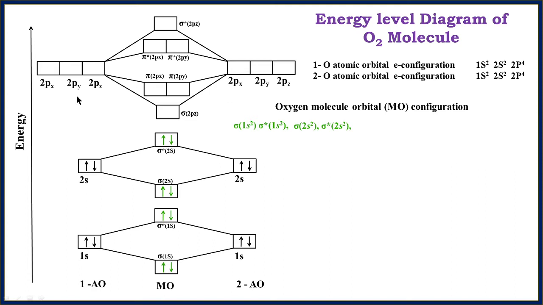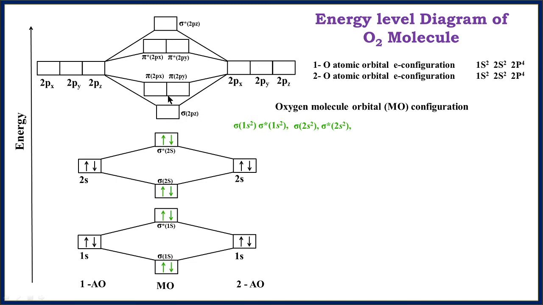This is for the first oxygen atom. Next, the second oxygen atom also has p orbitals, with three suborbitals px, py, pz. Now these 3 plus 3, 6 atomic orbitals overlap and form 6 molecular orbitals.